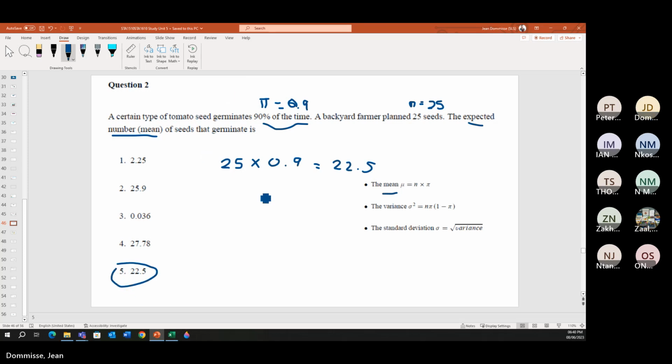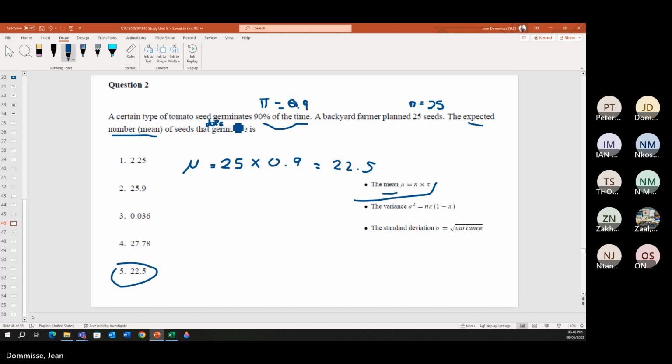So this looked quite daunting, but actually, if we just need to work out the mean, it is straightforward from a formula.